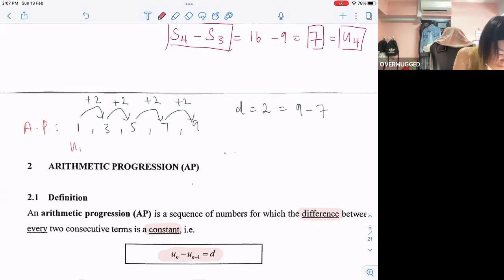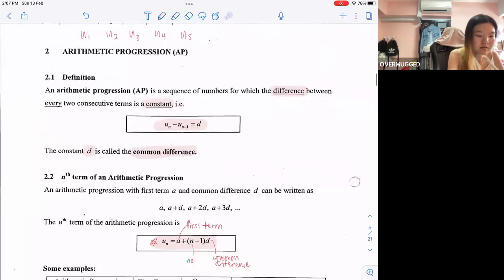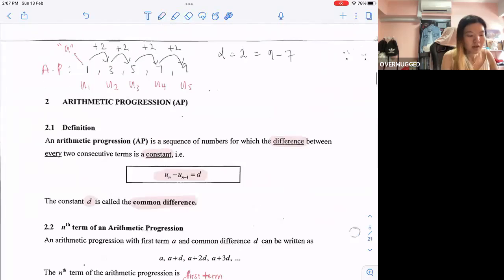This is my U1, U2, U3, U4, U5. So my first term is 1, which is also my A in this formula. Now I want to find U6. We all know that it's going to be 11, because 9 plus 2 is 11. But how do I find my U6 from this formula?